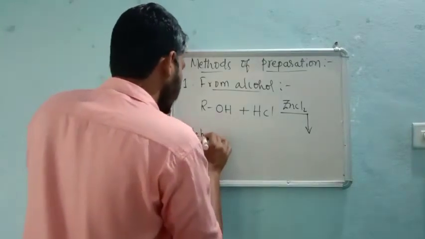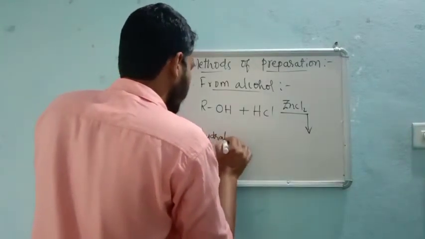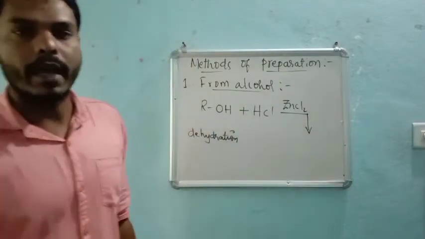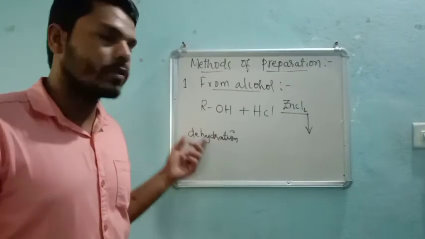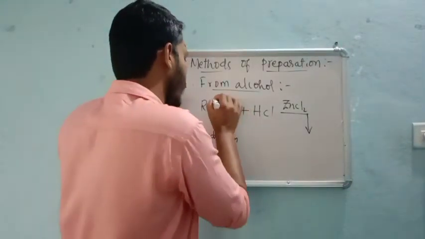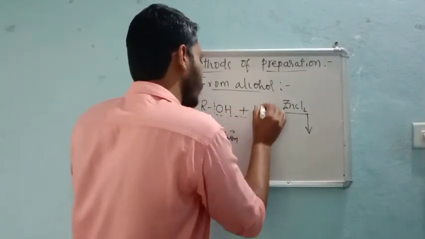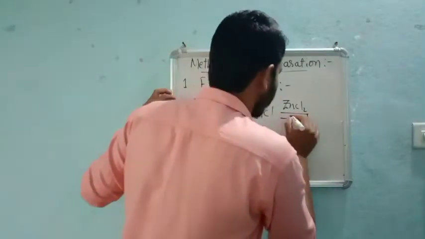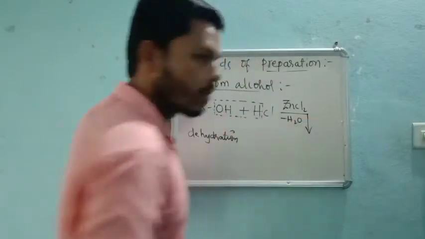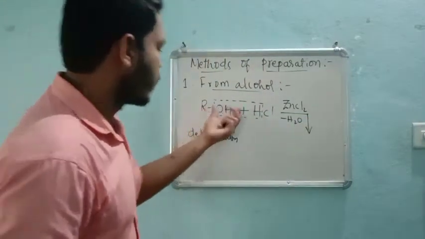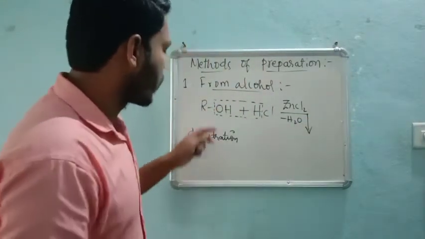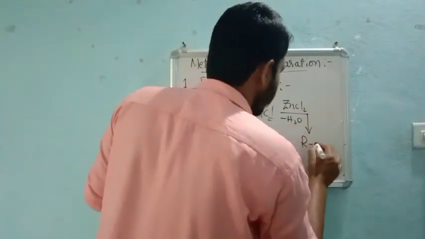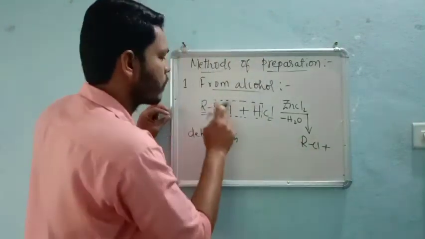De means remove, hydration means water, removal of water molecule. ZnCl2 acts to remove water molecules. So if I remove the water molecule in this compound, what is left? R and Cl. You just write down R-Cl plus what we have removed? Water molecule.